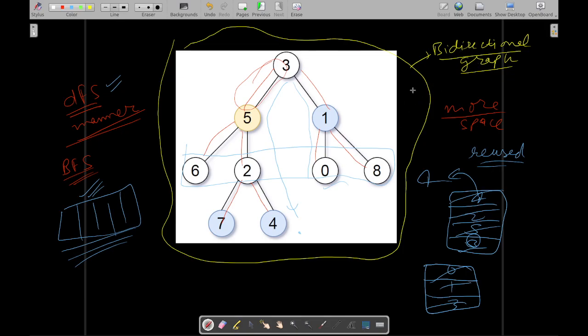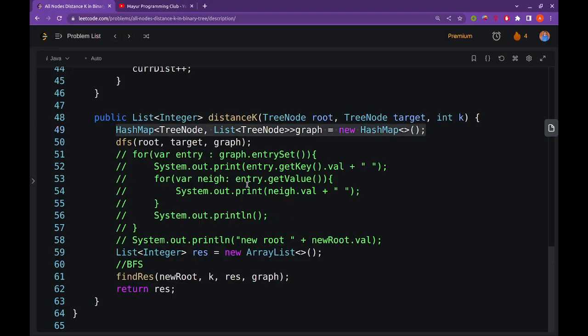By bidirectional, I mean every edge does not have any particular direction. If there is an edge between U and V, you can go from U to V and V to U. Both ways are allowed.